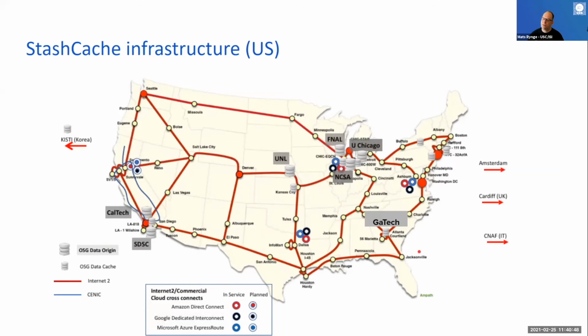And they are very strategically placed, right? You can see that a lot of places share connections with, for example, the cloud providers or other network providers. They are also strategically placed based on where a lot of the compute resources in Open Science Grid are. So again, there's a lot of effort that goes into providing this caching infrastructure.